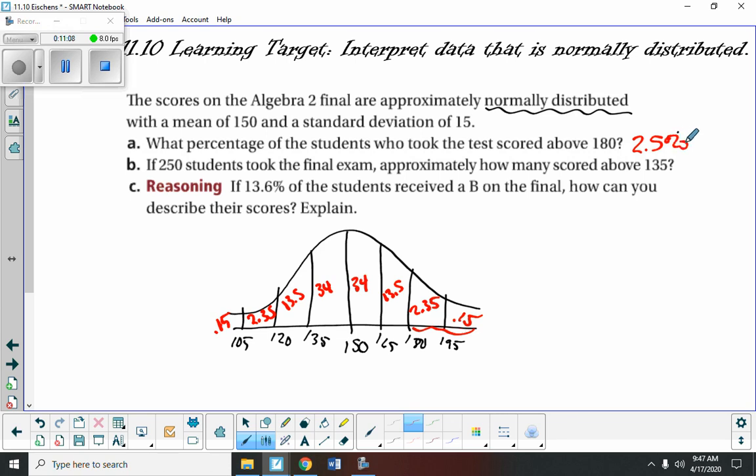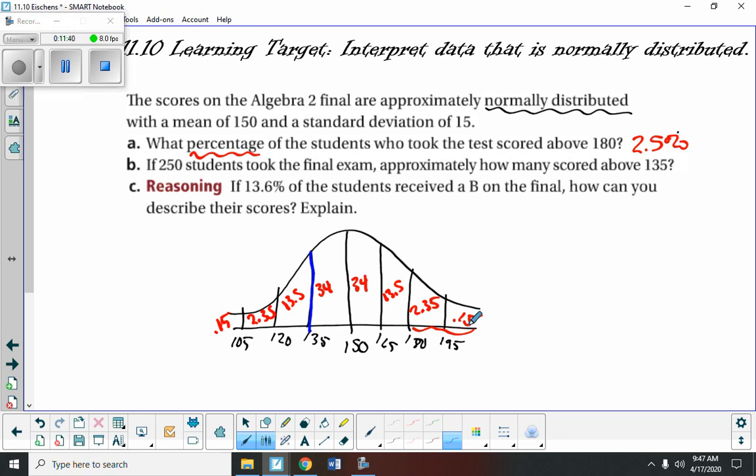If 250 students took the final exam, approximately how many scored above 135? Now, this question is different than the last one because the last one asked about a percentage. This one says there are actually 250 students who took it. How many students scored above 135? So first of all, 135 is right here. So we have to add all of those to figure out what percentage of students scored above that.